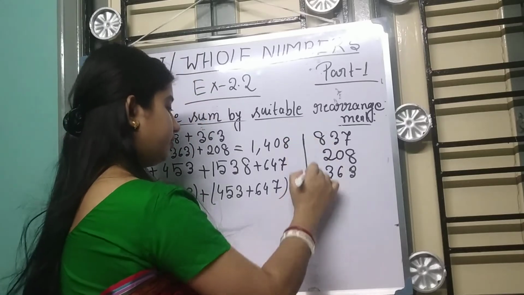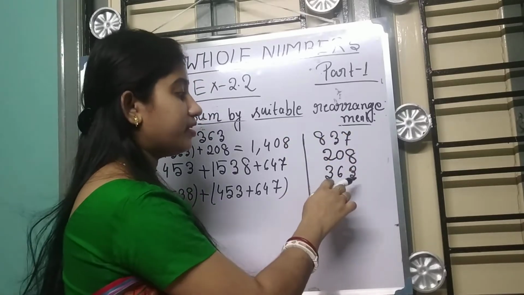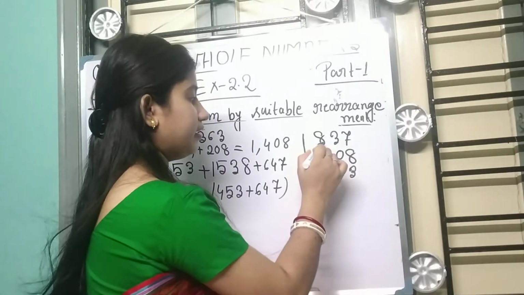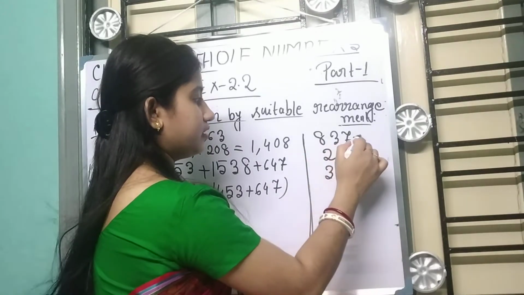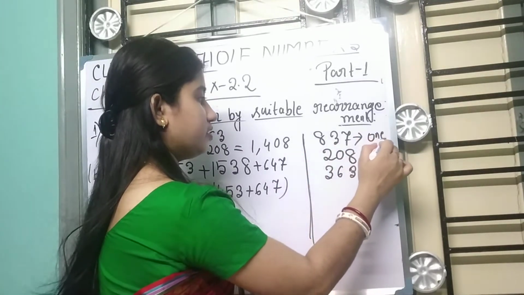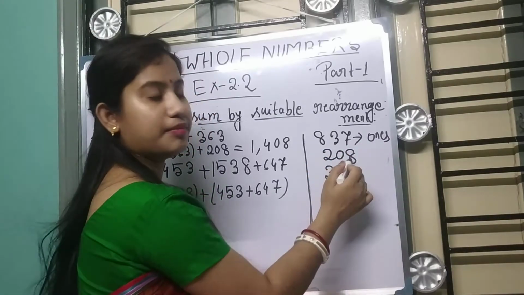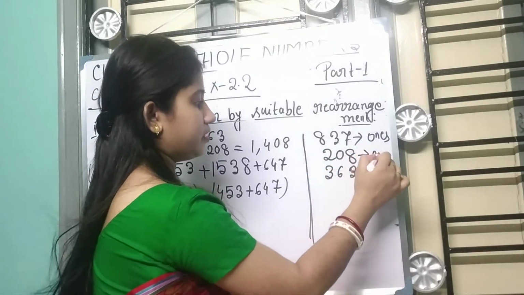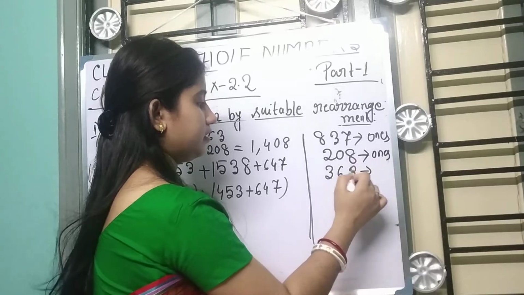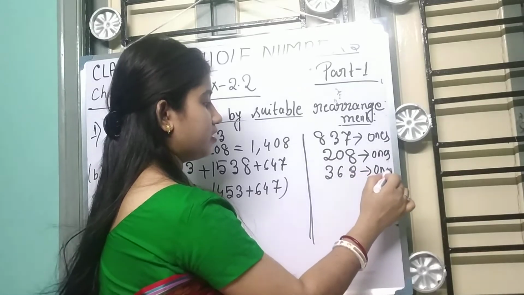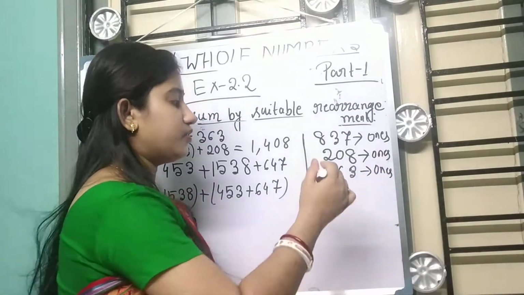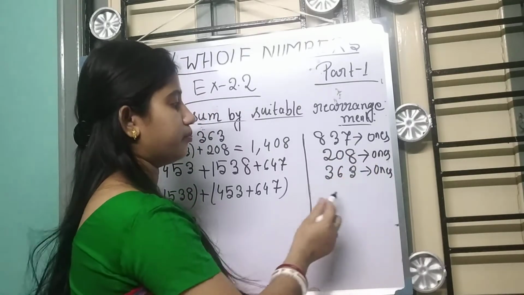First we see the ones places of these numbers. In this number, the ones place is 7, in this number 8 is in the ones place, and this 3 is in the ones place. So first we add these ones place numbers.